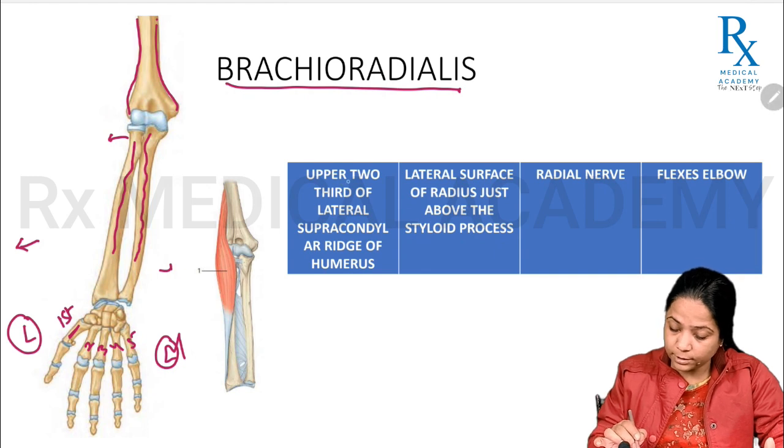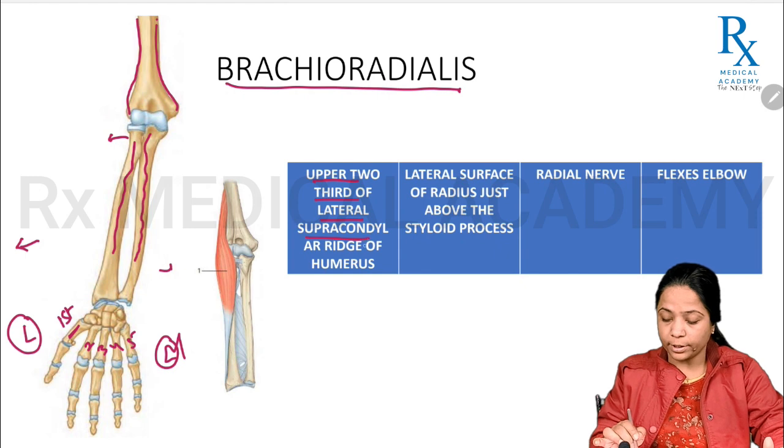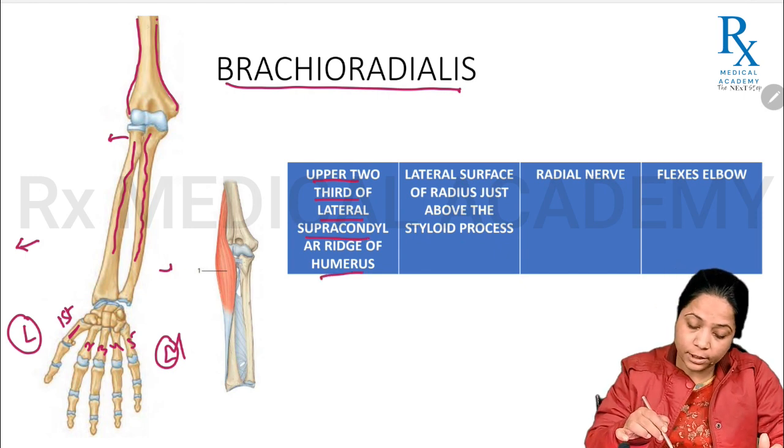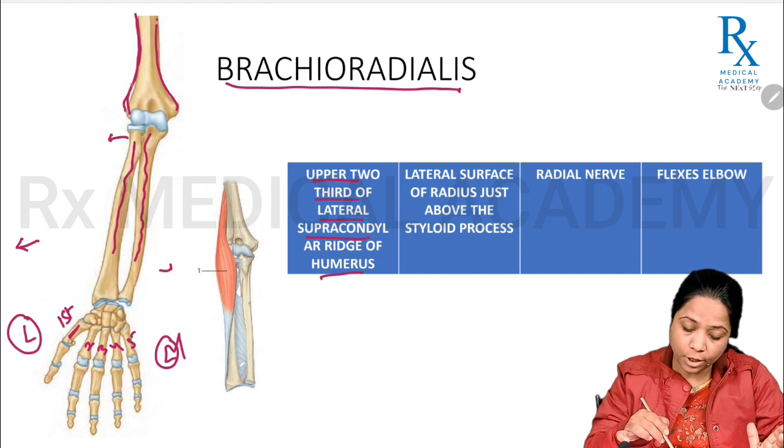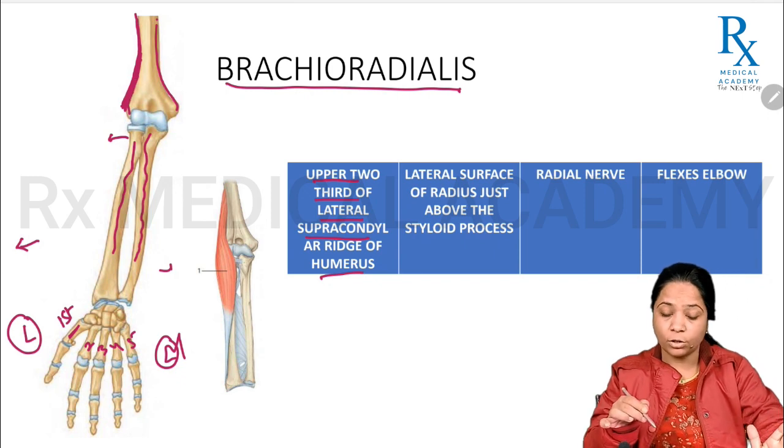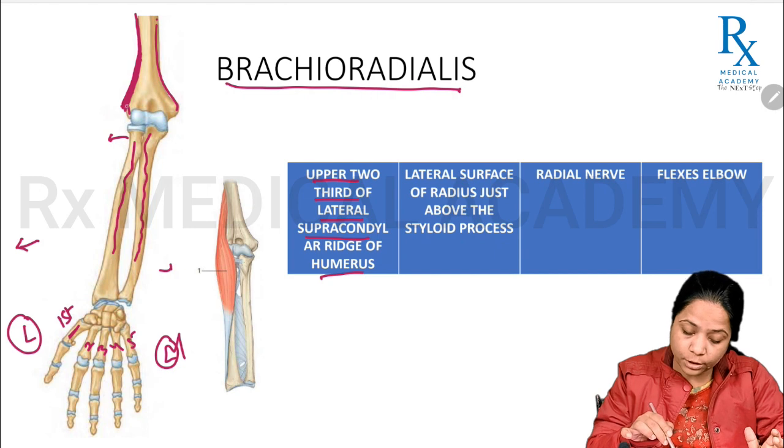Brachioradialis is arising from the upper two-thirds of the lateral supracondylar ridge of the humerus. If we see the humerus, the lateral border of humerus at its lower aspect gets very sharp, and this sharp border is known as supracondylar ridge. This lower end of the lateral border of the humerus is known as supracondylar ridge because it is situated superior to the condyle.